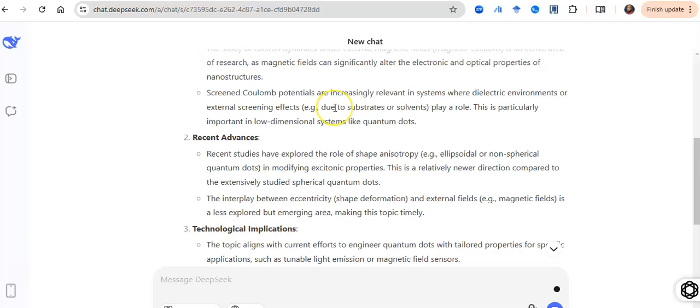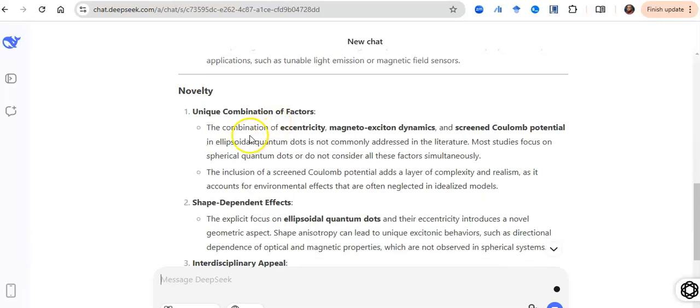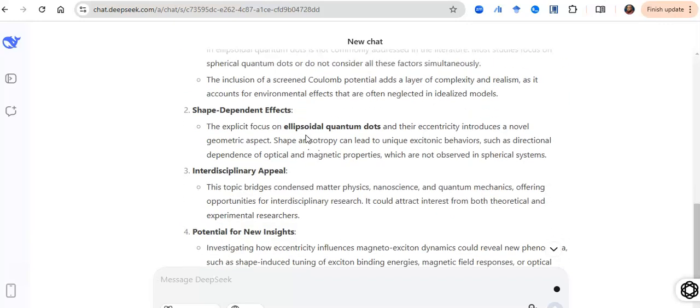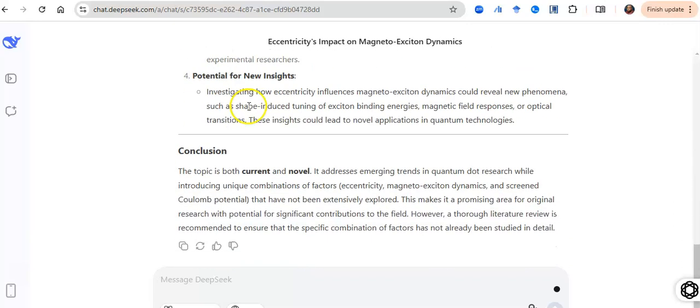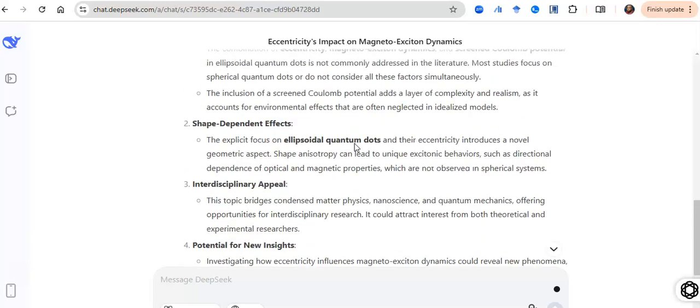And beautiful, it says the combination of eccentricity and that is not commonly addressed in literature, which means this is quite novel. This is a unique combination, and the topic is both current and novel. That is the final verdict. And by now you're swelled. Wow, this topic I have just chosen, it's one of the beautiful topics there are. Oh, it's beautiful. What else can it do for you?